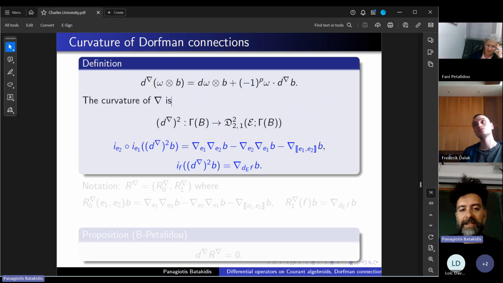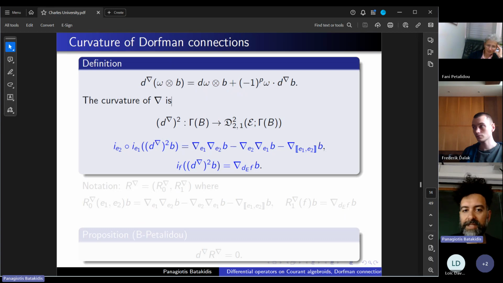So the notation here is that you have a space of differential operators on your Courant algebroid. The detailed definition that I showed you before was about differential operators taking values in the algebra of functions on the manifold. The only difference here is that I'm taking values in sections of B. Okay?